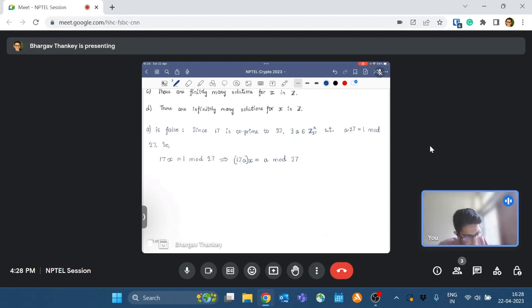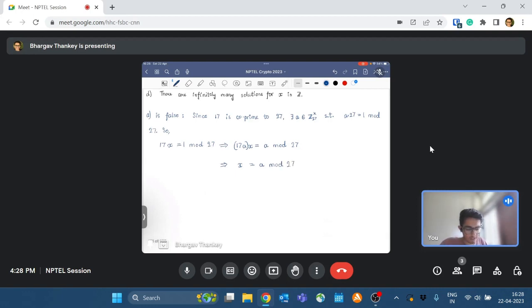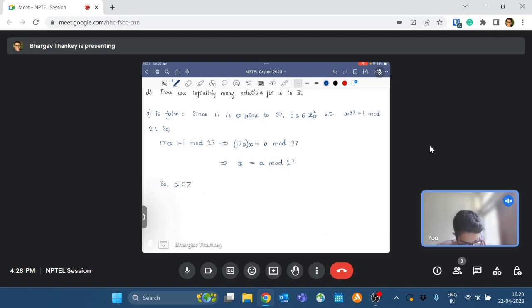And now 17A is equal to 1 mod 27, right? So we get that x equals A mod 27. So A is a solution for the equation. A is in Z27 cross, which is a subset of Z27, is the solution.